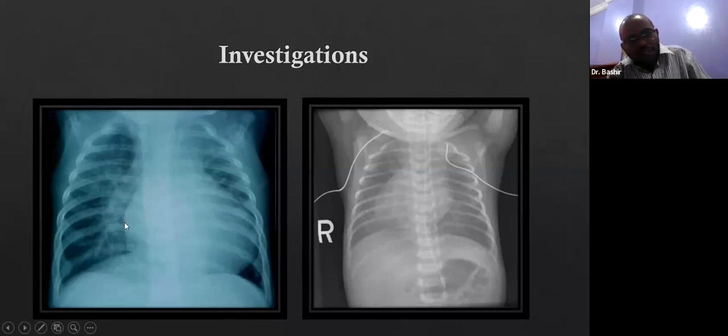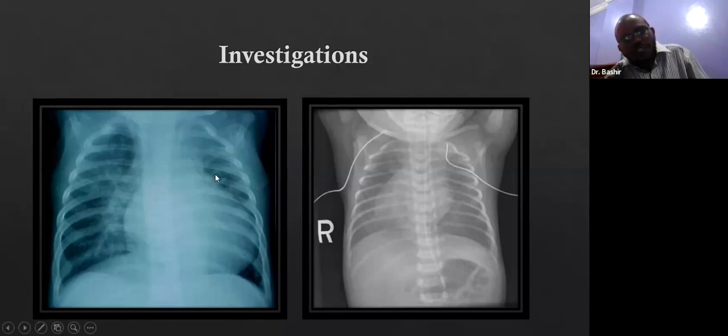You have to measure the heart. You will drop a midline and then see the biggest width on the right and the biggest on the left, to see the heart width and compare it with the thoracic width, the cardiothoracic ratio. If more than 50% in children or more than 60% in neonates, this is cardiomegaly, like this one.